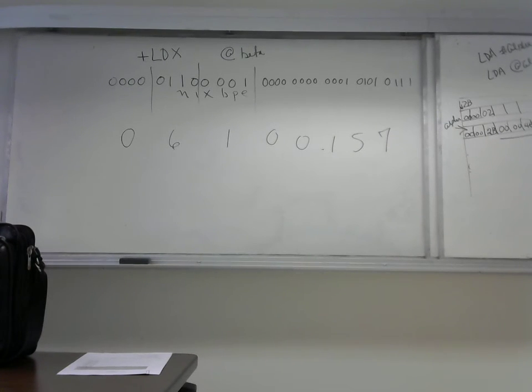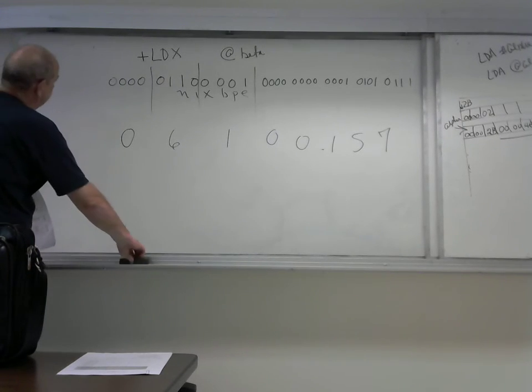Not as efficient as using format 3, but you go where you gotta go. 0610, 0157. Okay, not too bad. I'm going to erase now. Everybody got it? Okay, let's move to the next one.